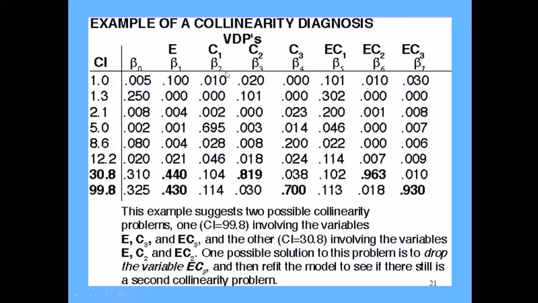But this is either a linear or logistic model, and these are the variables in the model, and there's an intercept. So let's say you were fitting this model, and let's say it was a linear regression model, because that's the way it works best as far as PROC REG is concerned. Let's say you fit this model, and then you run the COLLIN option in SAS. You'd get this kind of output.